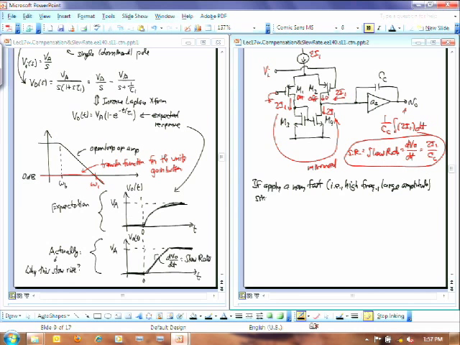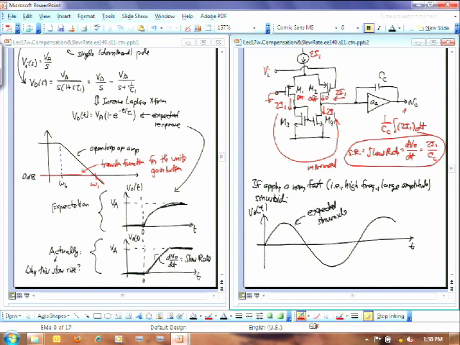This slope here is too large. So say that slope of the actual output waveform you're trying to see is greater than your slew rate. If that slope is greater than the slew rate, then instead of seeing that sinusoid, you're going to see the maximum slope that your amplifier can put out.